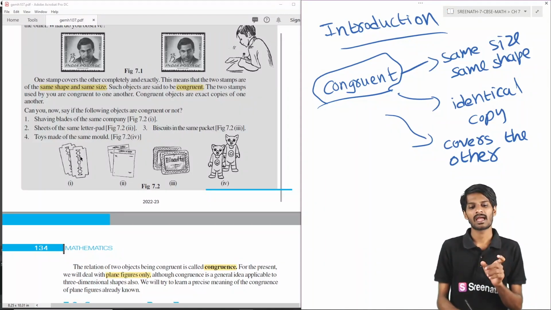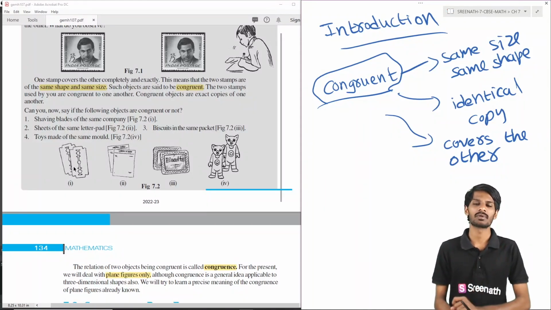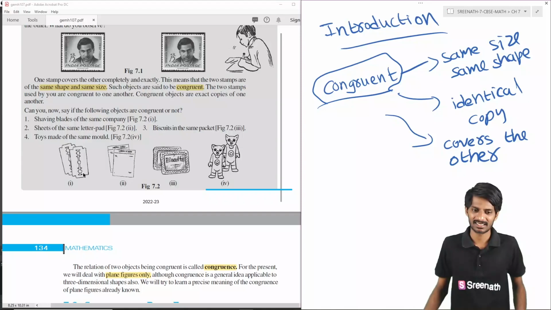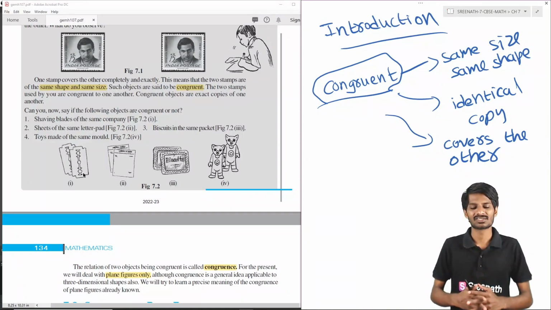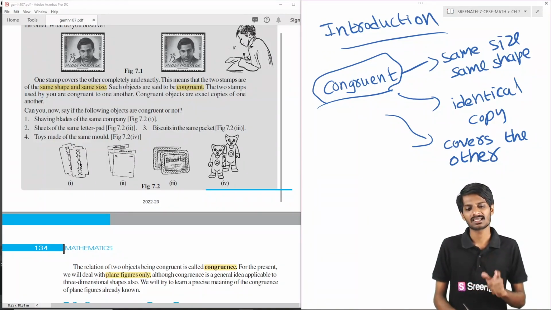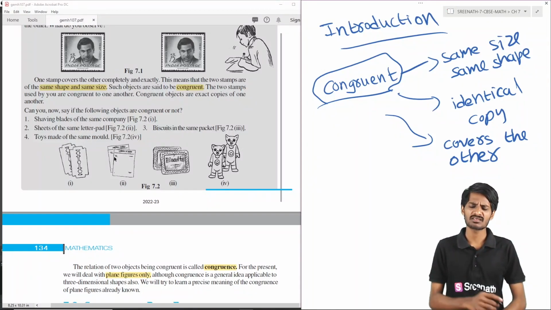Here we have two blades of the same company, shaving blades. Are the two blades congruent or not, students? Obviously they are congruent. If you place one over the other, they will exactly cover each other. They are the same size and the same shape, students. If you have sheets of the same letter pad, they are also congruent.